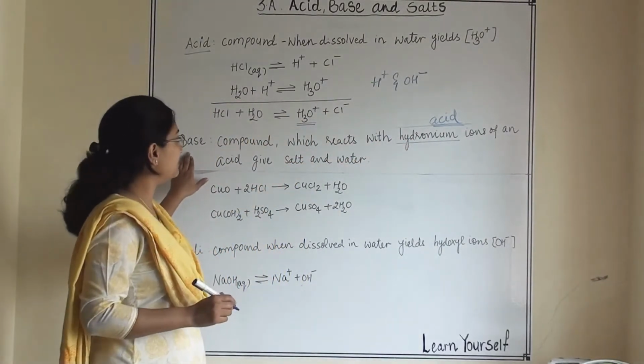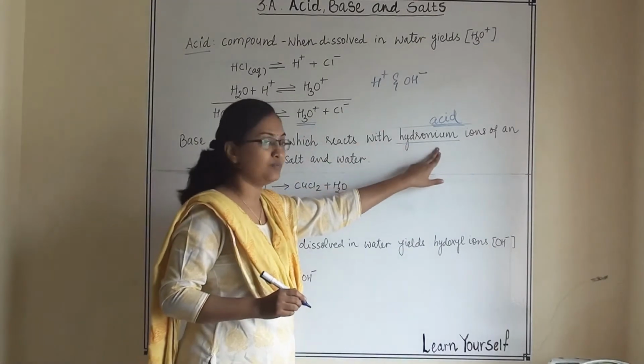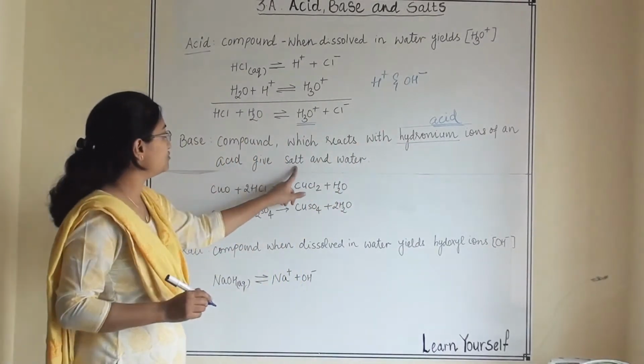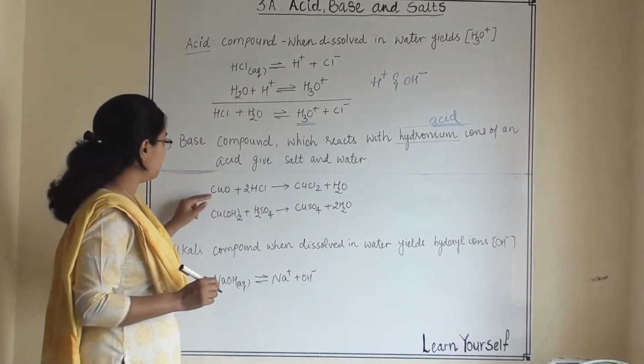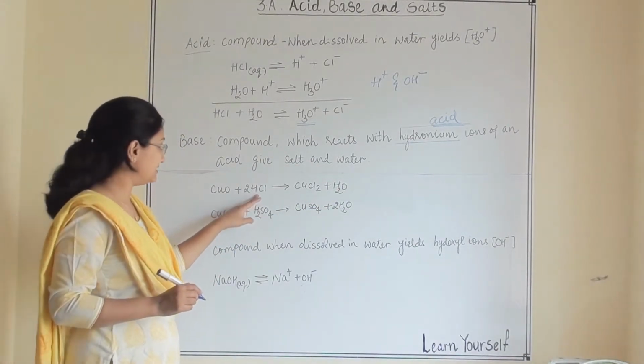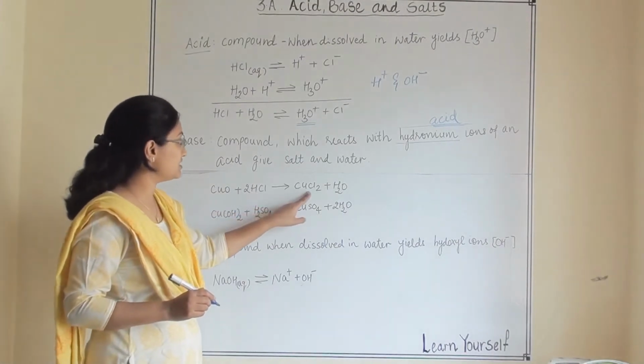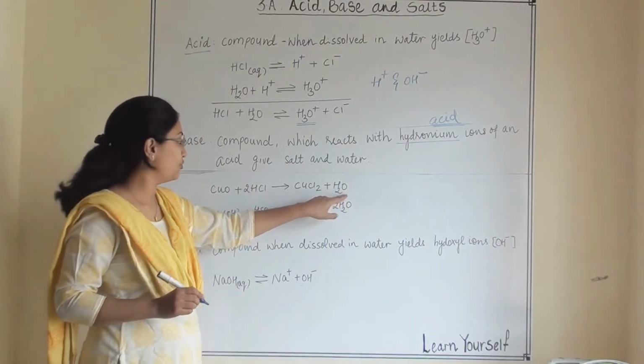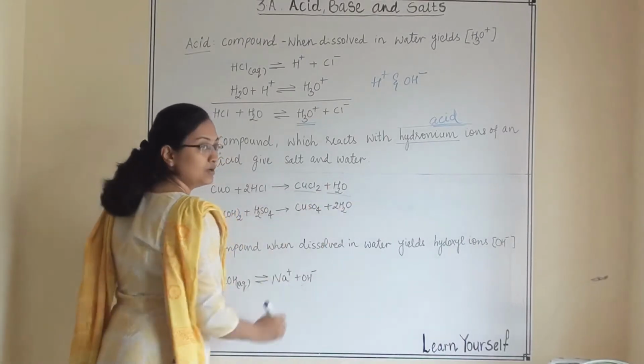When base reacts with hydronium ion, it will give you salt and water. For example, CuO, copper oxide, reacting with acid, that is HCl, will give us CuCl2 and H2O. This is a salt and this is water.